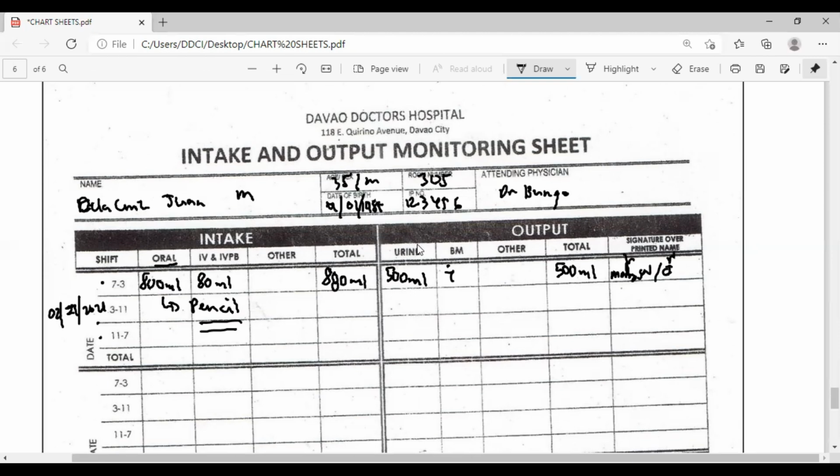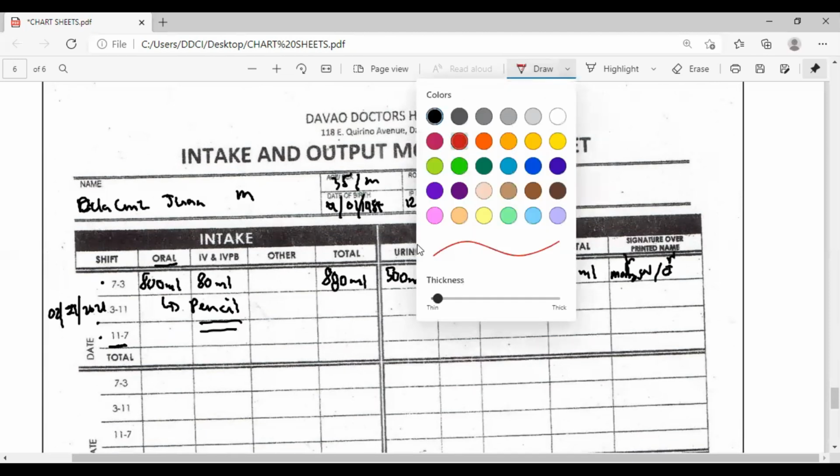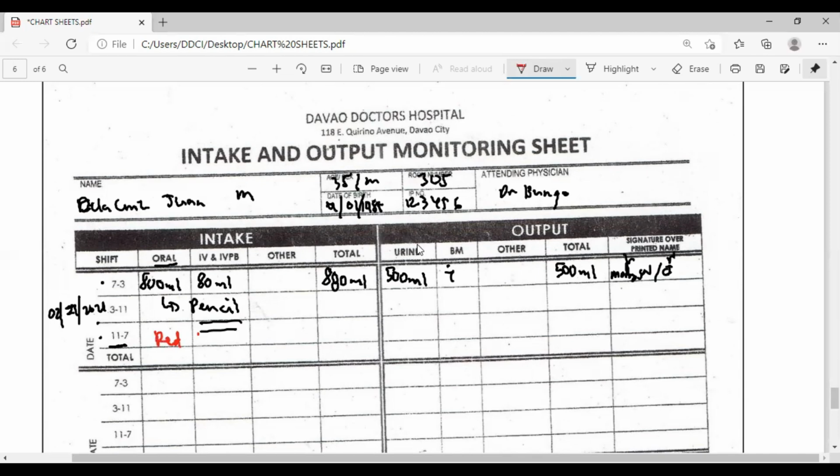If you are not yet sure, use a pencil. Once you are confident that the data is correct, you can finalize it with the pen. For the night shift, make sure that you use a red colored pen. After that, for the total, it will be the staff nurse who will total the output. So that's for the intake and output.